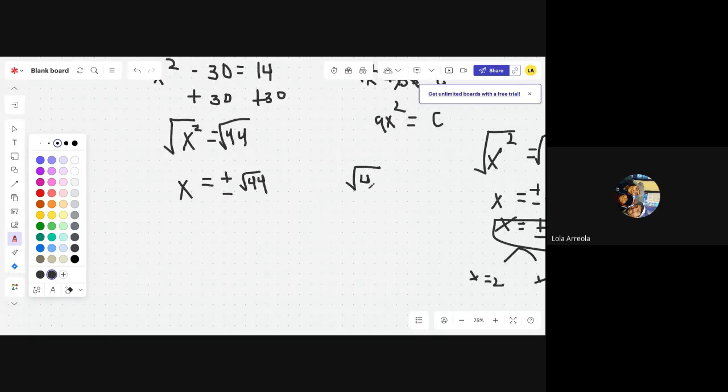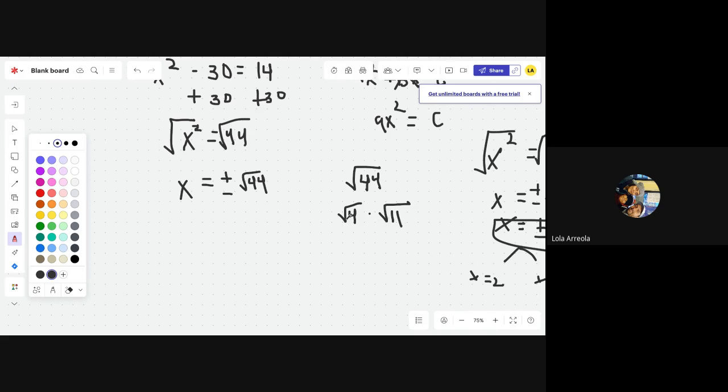So now I want to choose factors of 44 that have a perfect square. So what are some factors of 44? 11 and 4. The reason I chose 4 and 11, and I think those are the only 2 factors of 44 that I could think of at least, is that 22 times 2 is another one, but that one's not going to help me because I want a factor that is a perfect square.